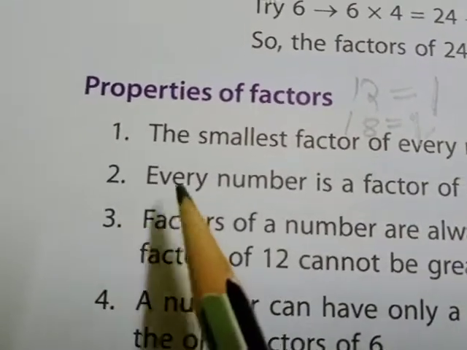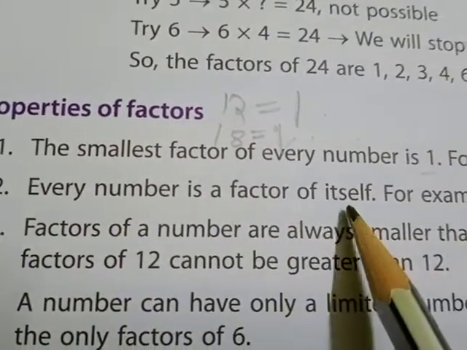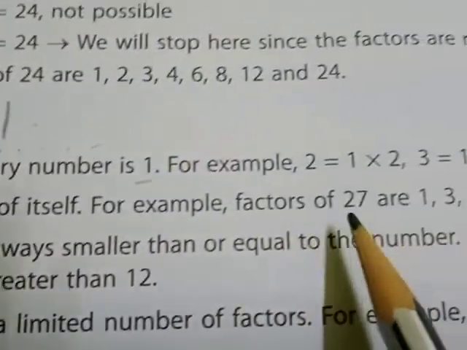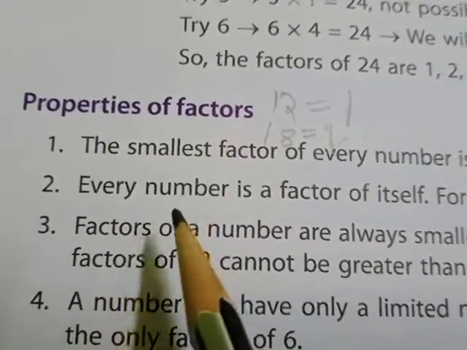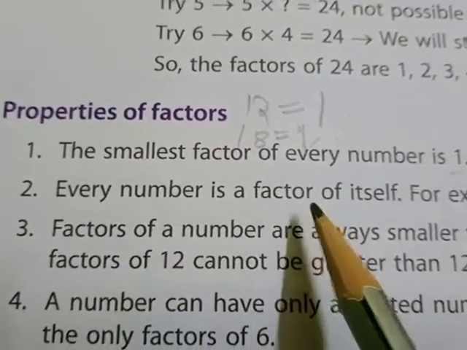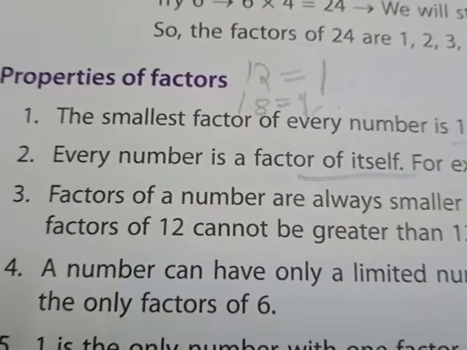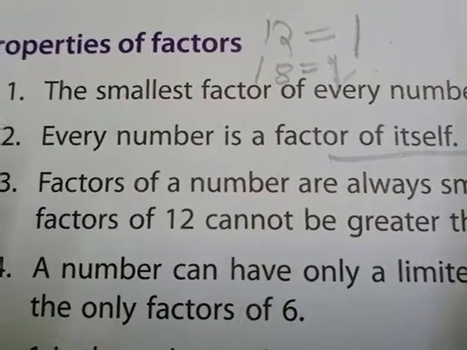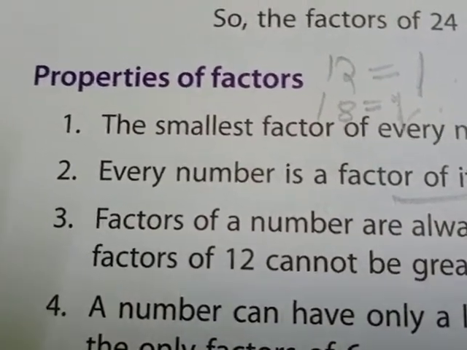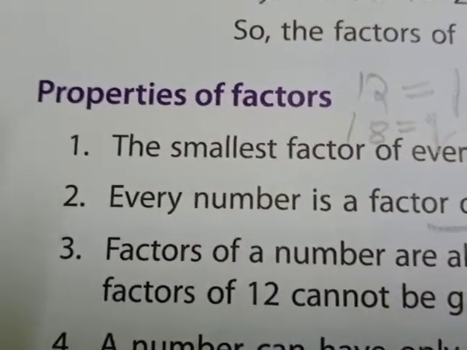Then the second property is: every number is a factor of itself. For example, factors of 27 are 1, 3, 9 and 27. What does this second point say? It means that every number is a factor of itself. Whenever we have to write the factors of any number, that number will come in its own table for sure.